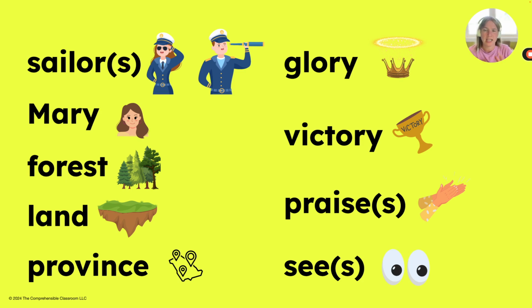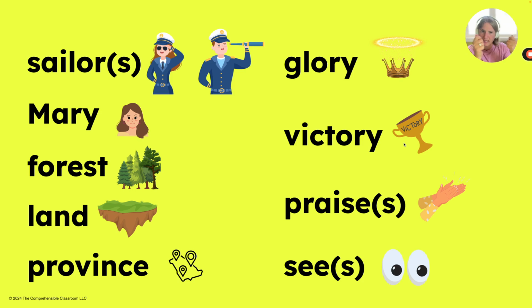Some of the vocabulary words I'm going to be displaying in pictures, actually, these are all of them, are sailors, which are going to be shown by two people that are dressed in sailor uniforms. Mary is going to just be a picture of a woman, this woman right here. Forest is going to look like this. Land is going to be the picture of land. Province, the picture of a map. Glory is going to be a crown with sparkles coming down.